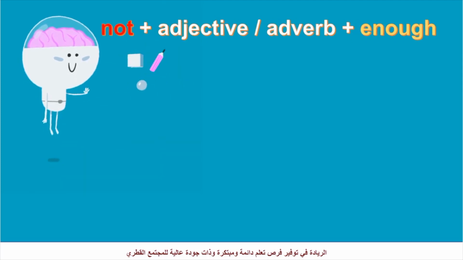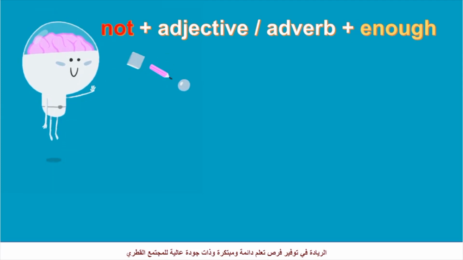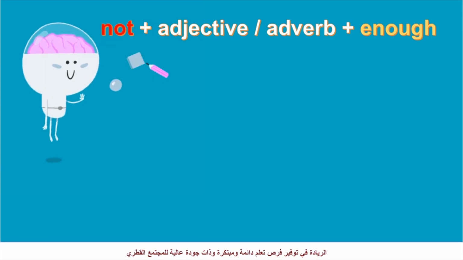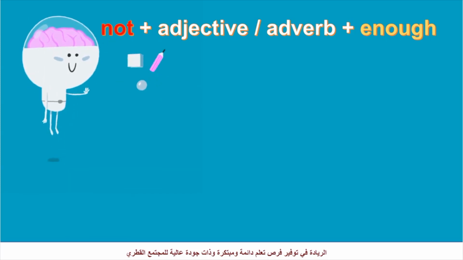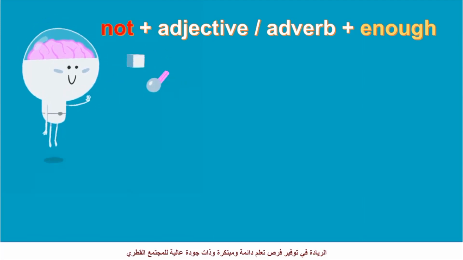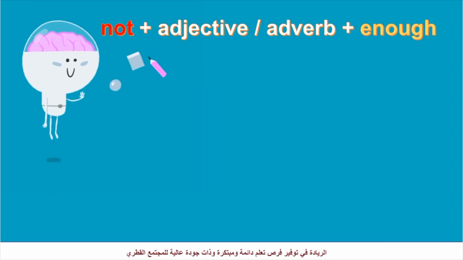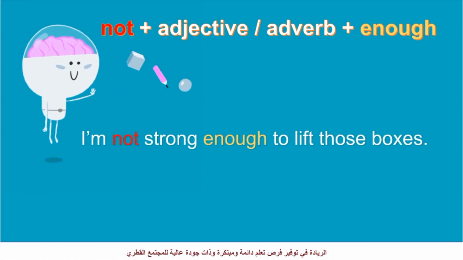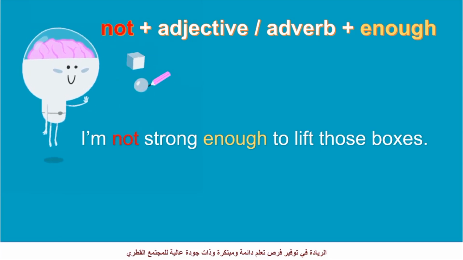Not comes in the sentence with a helping verb. Do not forget, like isn't, haven't, hasn't, doesn't, etc. Then the adjective or the adverb, then enough. For example, I am not strong enough to lift those boxes.